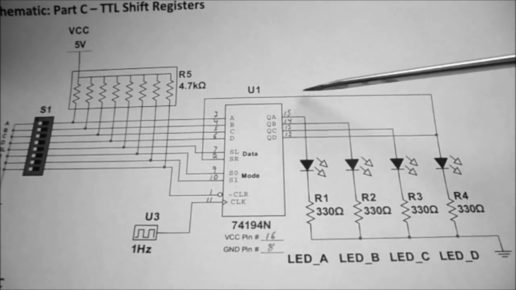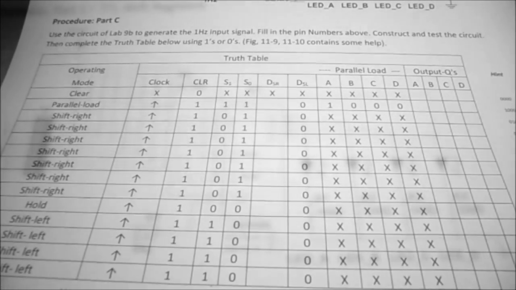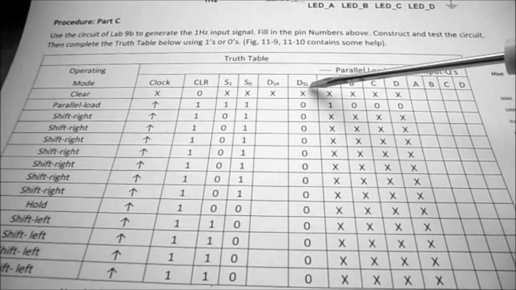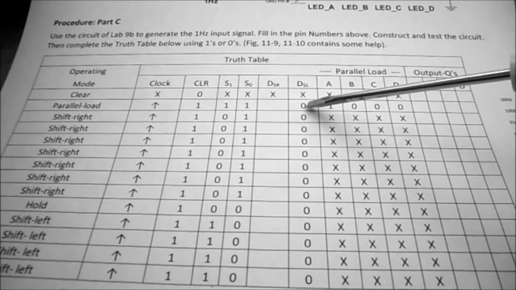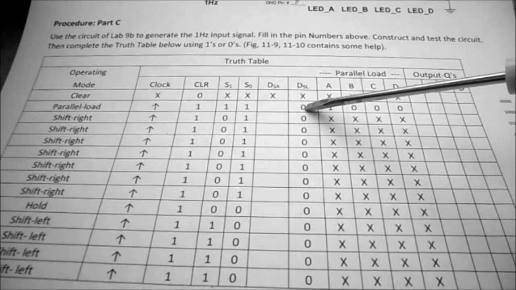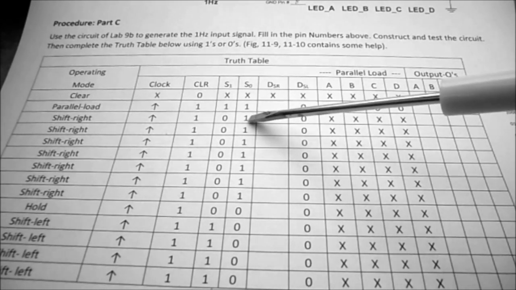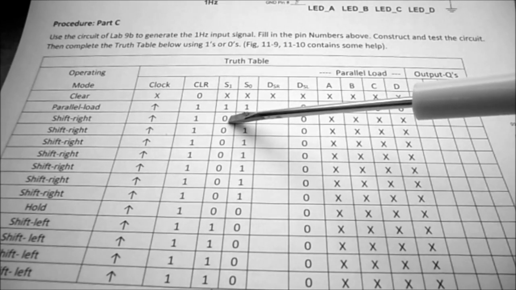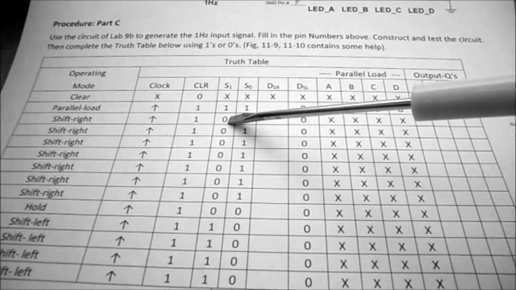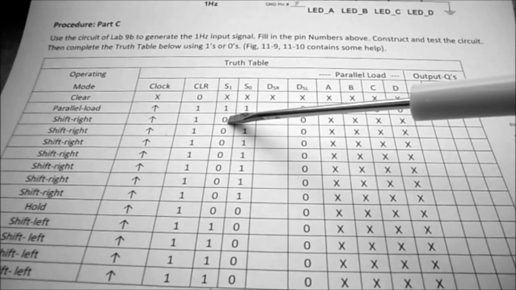So we don't need to put anything on that line. So the data line for shift left is going to be 0. And what we're going to do is put S0 at 1 and S1 at 0. And we should start shifting right.